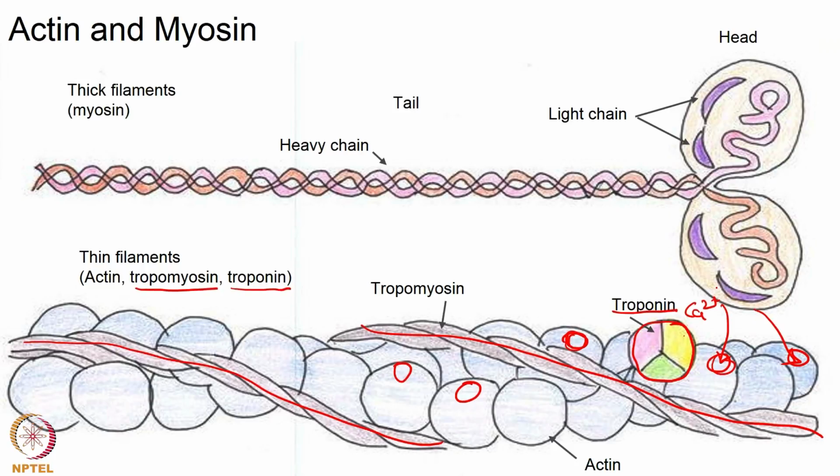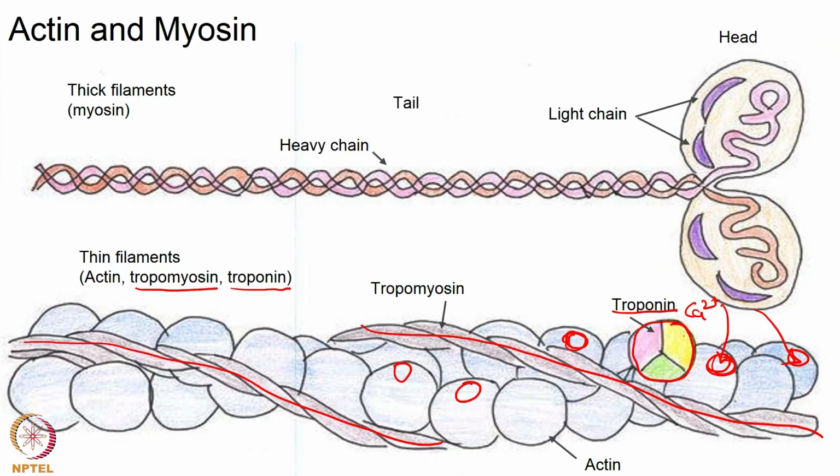It changes shape in such a way that it slightly moves the tropomyosin. When tropomyosin is moved, the binding sites on the actin filament are exposed. So, essentially the thin filament is composed of actin which contains the binding sites, tropomyosin which covers these binding sites, and troponin which sits on top of the tropomyosin and causes movement of tropomyosin whenever calcium is present.